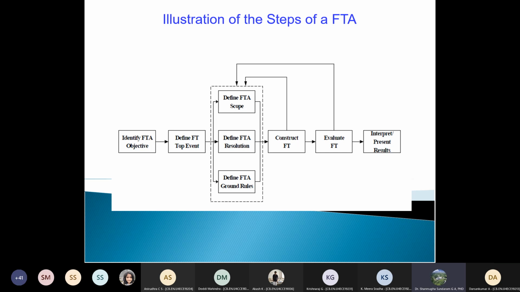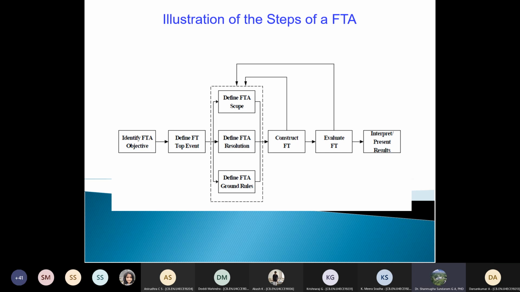Beyond that, you have the construction or the drawing of the fault tree. After it is complete, it is subjected to an evaluation. If the evaluation is not very productive or leading to a certain result, you have an iterative scheme which is followed in terms of redefinition of the scope, resolution, and the ground rules, followed by a reconstruction of the fault tree and a subsequent evaluation.